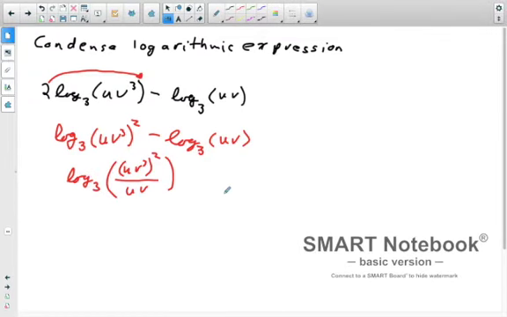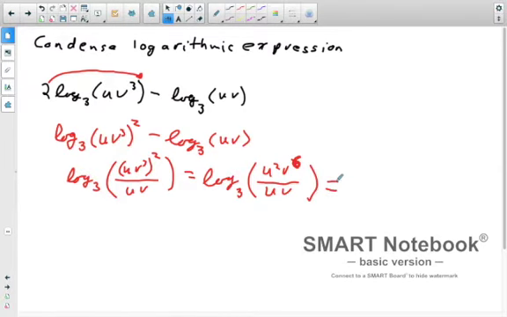And now at the end we should simplify things down as much as we can. Let's look at that. Well, uv cubed squared is the same thing as u squared v to the sixth, divided by uv.